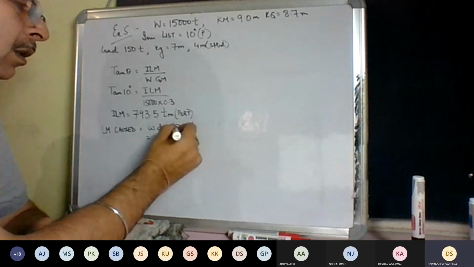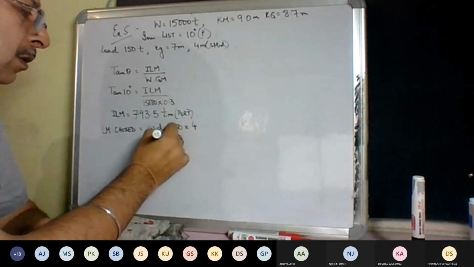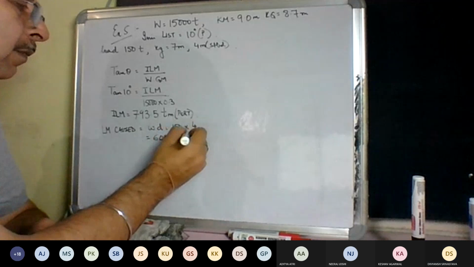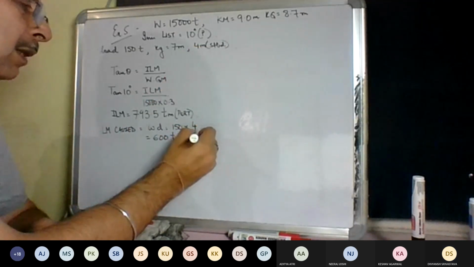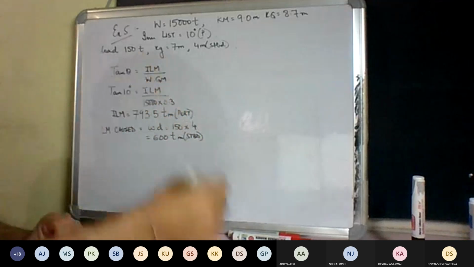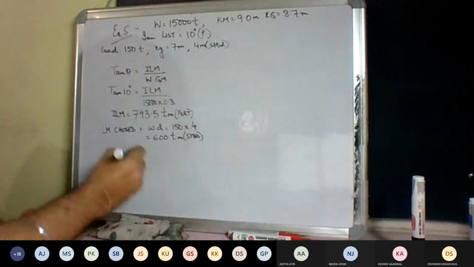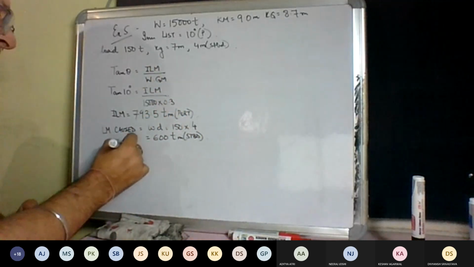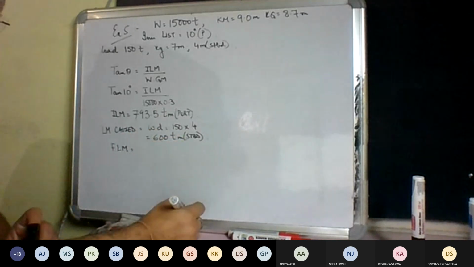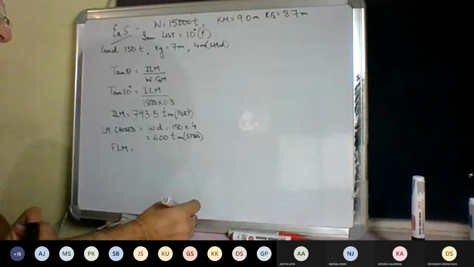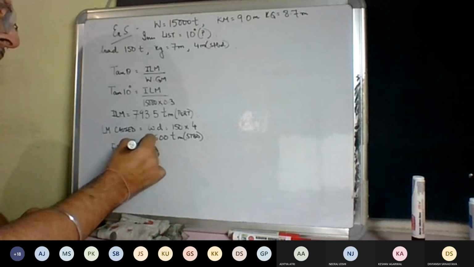This is going to be 600 टन मीटर. एंड क्योंकि मैंने स्टारबोर्ड में लोडिंग करी है, तो ये मुझे स्टारबोर्ड लिस्टिंग मोमेंट देगा. सो फाइनल लिस्टिंग मोमेंट will be initial listing moment minus listing moment caused.